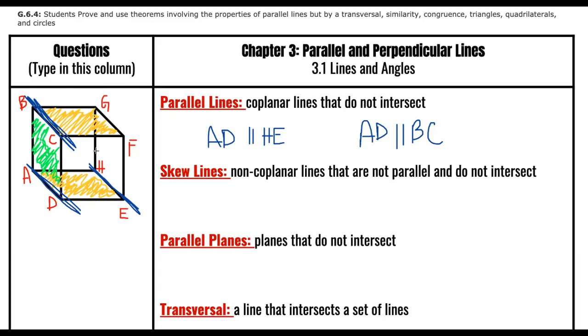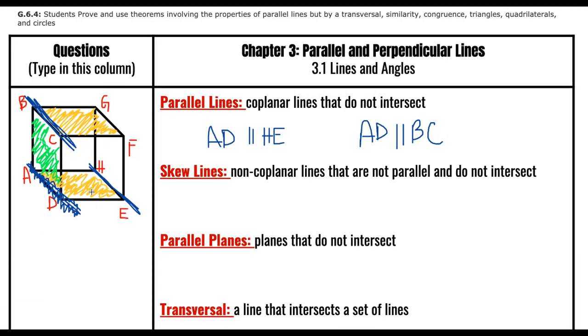Okay? So let's take a look at skew. Skew lines are not in the same plane, not parallel, and do not intersect. So let's keep going with AD because that's where we started. Can we identify some lines that are skew to AD? They cannot be in the green plane or the bottom orange plane, right?